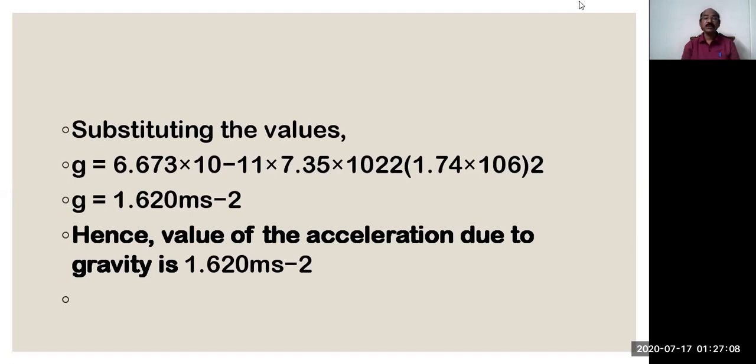If the body starts with initial velocity u, and its final velocity is v after time t, then the acceleration of the body is obtained by dividing the change in velocity by the time, that is, final velocity minus initial velocity by time, v minus u by t. Therefore, a is equal to (v minus u) by t.